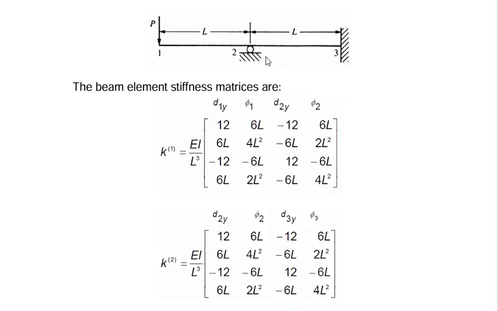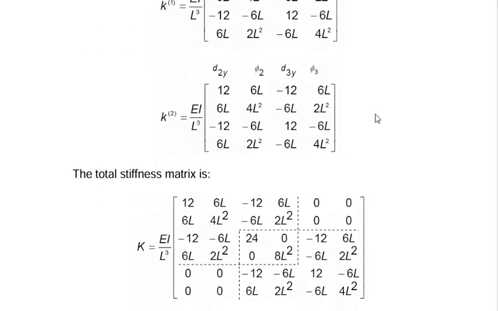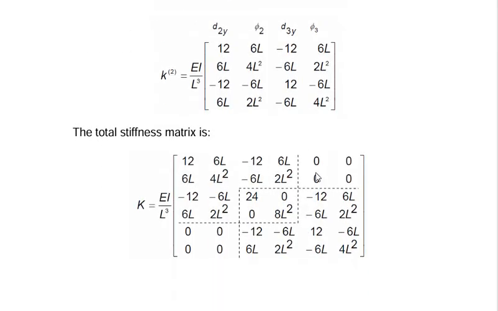So the global degree of freedom of the structure is 6, and the global stiffness matrix would be of the order of 6 by 6. These columns and rows can be labeled as d1y, phi 1, d2y, phi 2, d3y, and phi 3. Similarly, we can label the rows.